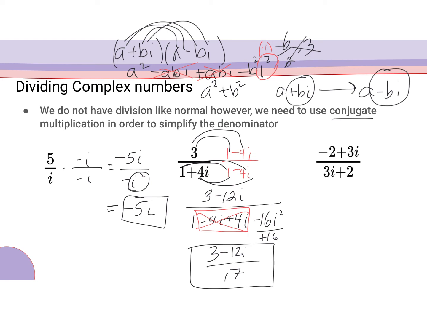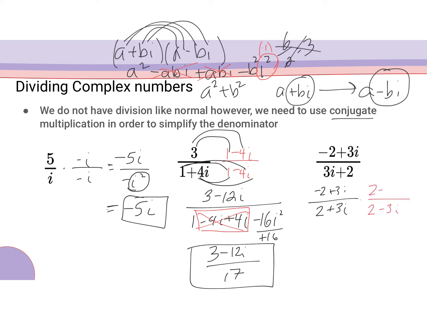In our last example, you might look at this and notice that the real and the imaginary part have been switched in my denominator. So what I'm going to do is switch them back to plus 3i, making sure that my signs line up appropriately, still positive 3 and positive 2, just because I think that's a little bit easier for me.